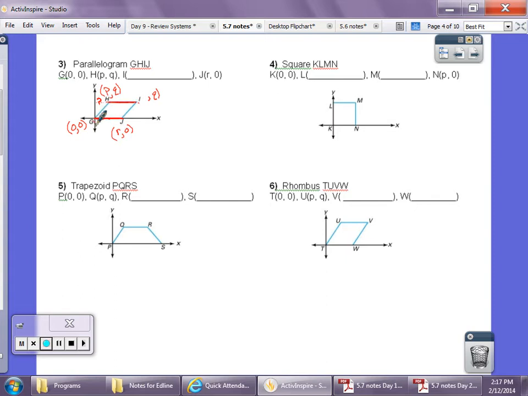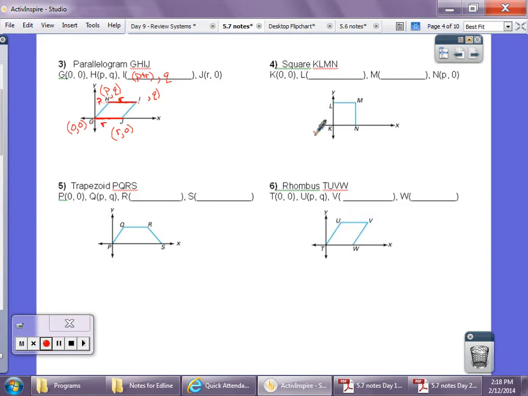And from G to J, we know it's R. So if this length is R, that means this length is R. So it went over P plus R. And then we know that the Y value is Q. So I is going to be P plus R and Q.